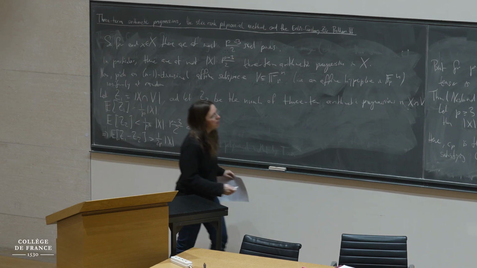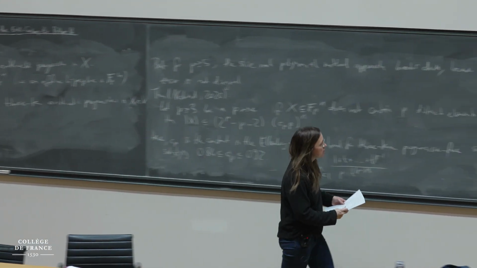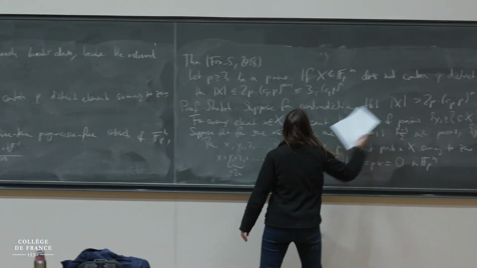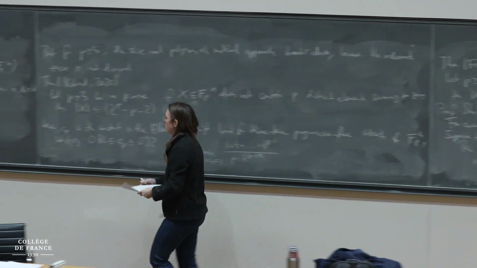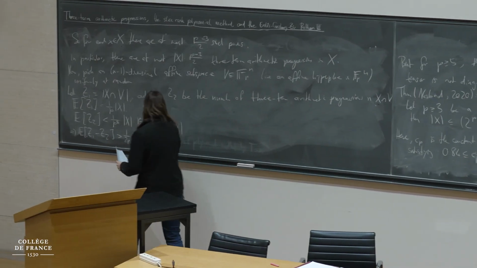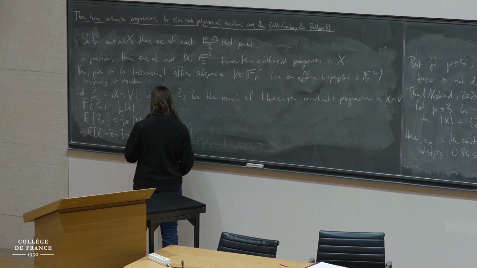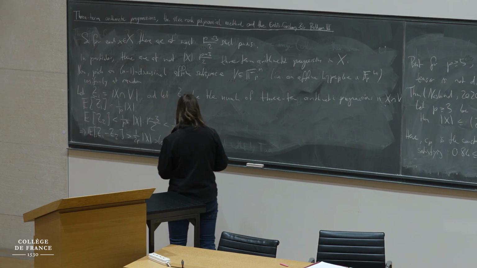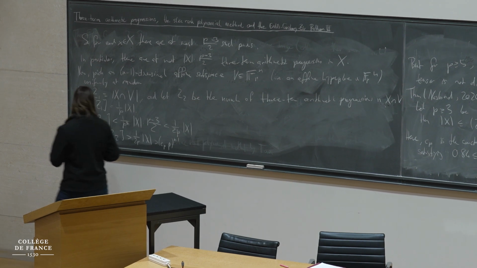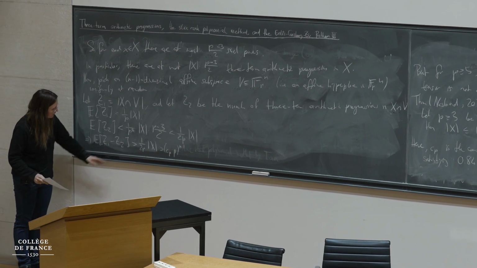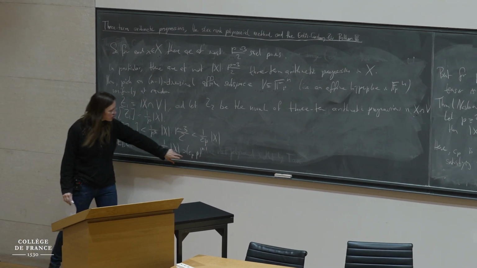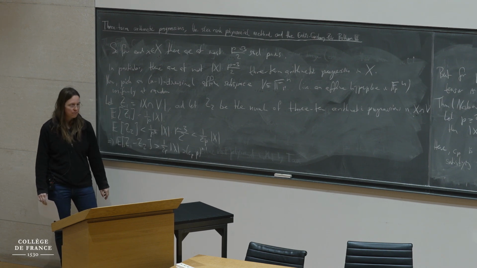And now, remembering what we assumed about the size of X, this expectation is bigger than Cp times P to the n minus 1. So this random variable Z1 minus Z2 has an expectation bigger than Cp times P to the n minus 1.